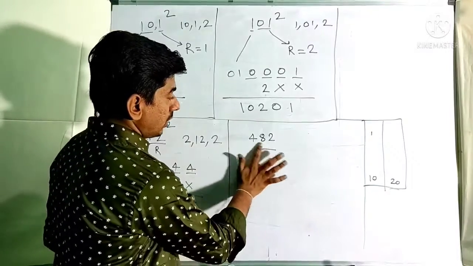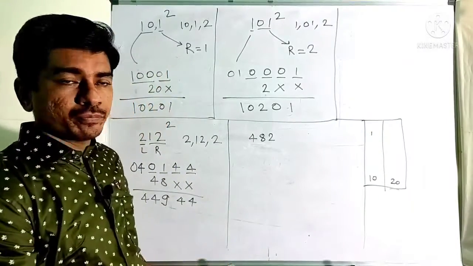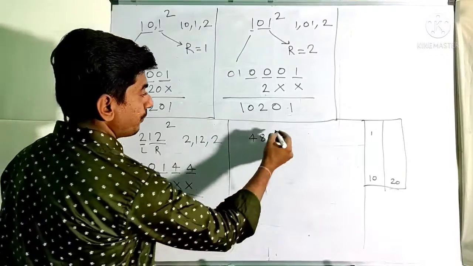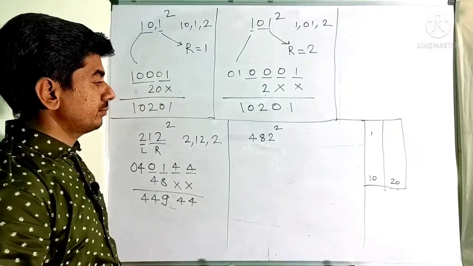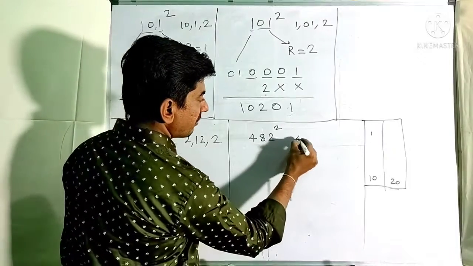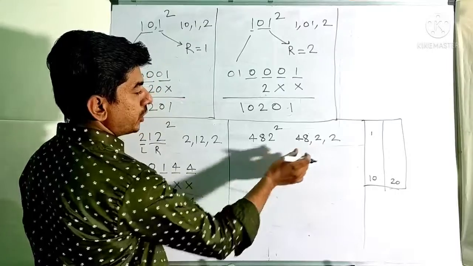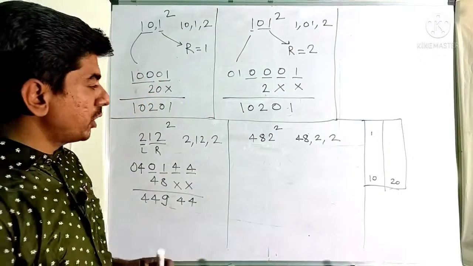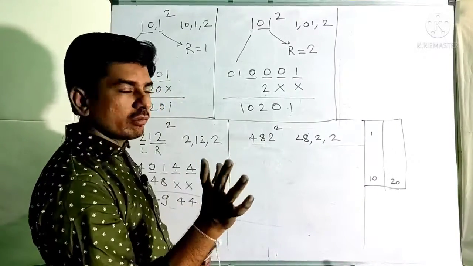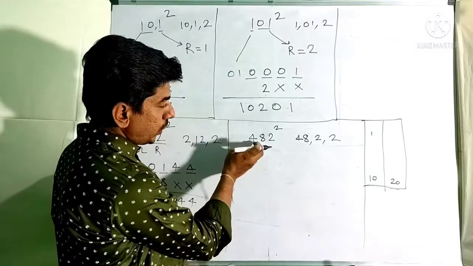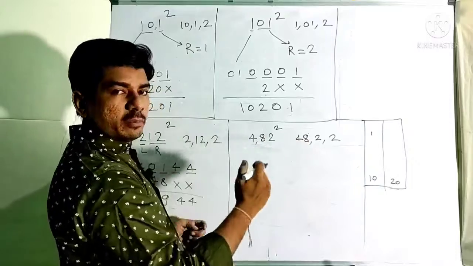So here any way you split them, you should at least solve them twice. I will prefer to take 48, 2 and 2 because 48 into 2 will be easier for multiplication. 82 into 4 will be somewhat difficult. If you take the parts as 4, 82, 2, the product will be somewhat lengthy.